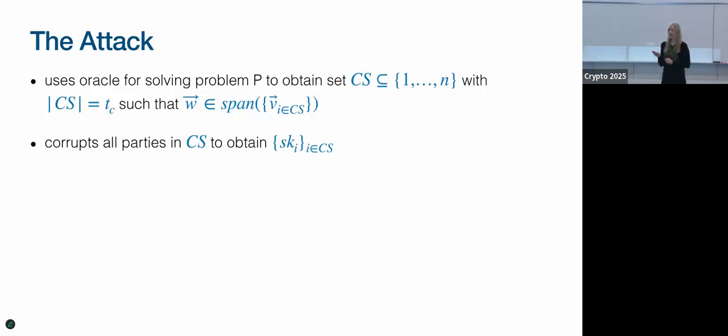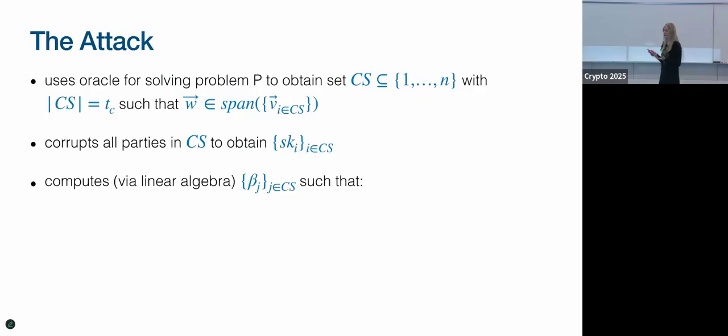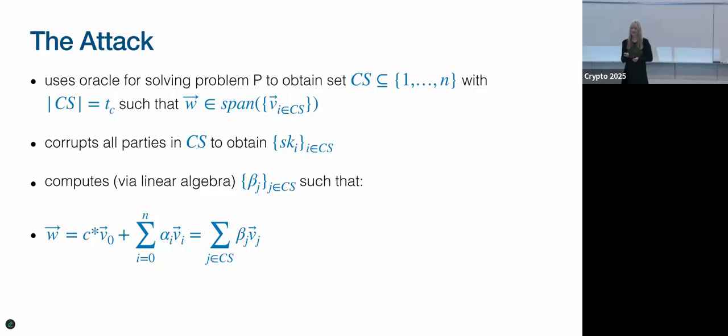And when it corrupts the parties, it obtains the secret keys. From this point, it can compute via some basic linear algebra some coefficients beta j such that the vector W equals this linear combination from before, but this equals a linear combination of these Vandermonde vectors, just within the corruption set CS.